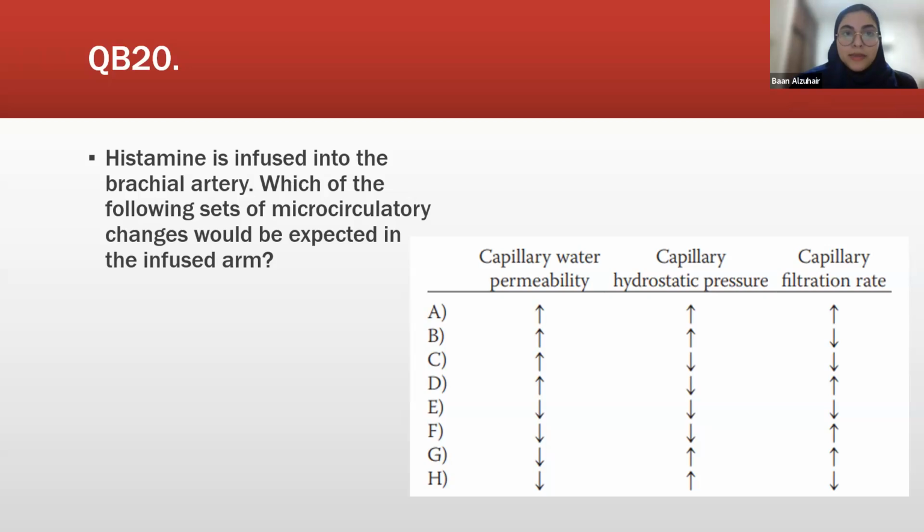They will release histamine. Histamine will vasodilate the capillary, and the capillary will release its white blood cells into the interstitial fluid. In order for the white blood cells to move from the capillary into the interstitial space, there should be a lot of hydrostatic pressure. If there is no capillary hydrostatic pressure, nothing will move out.